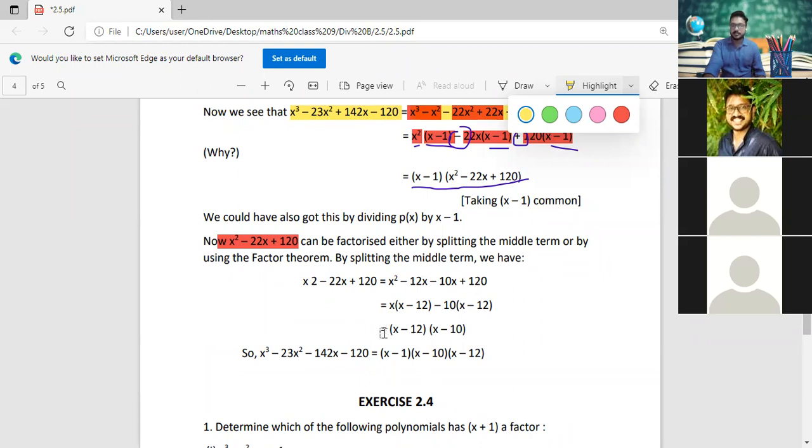Again, by splitting the middle term, we can find that x squared minus 22x plus 120 is equal to x minus 12 into x minus 10, which means the factors of the polynomial x cube minus 23x squared plus 142x minus 120 are x minus 1, x minus 10 and x minus 12.